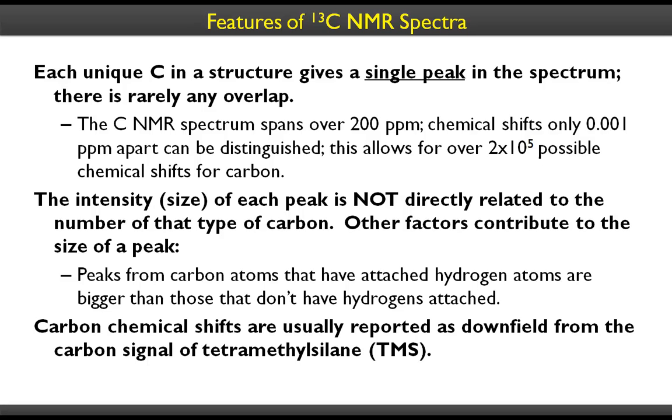Whatever the machine you measure on, either 200 or 300, because you are taking the difference from your reference, that is the TMS sample, and you are dividing the difference by the instrument frequency in hertz, it gives you a unitless scale that's called the ppm scale. So the chemical shifts are pretty much like proton NMR, just that instead of 0 to 10 we have here 0 to 200. Okay.